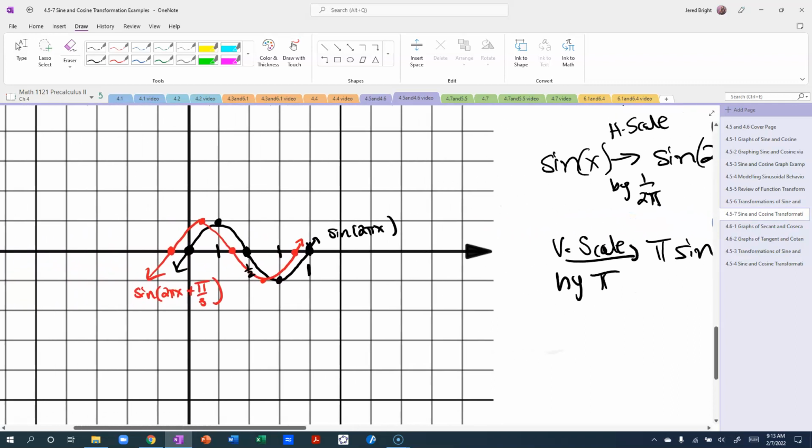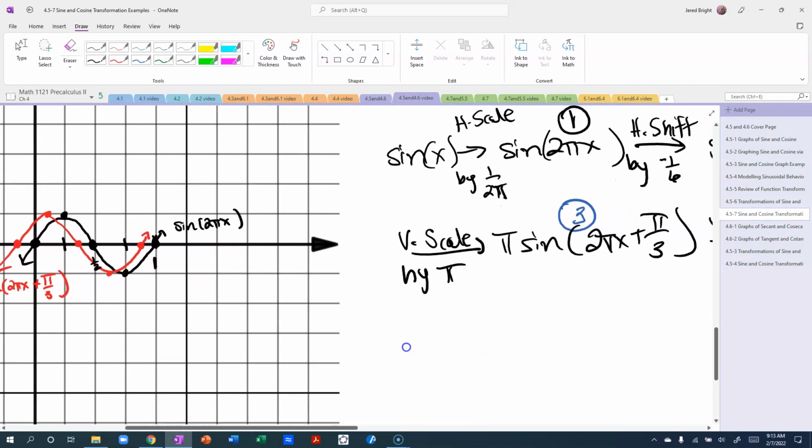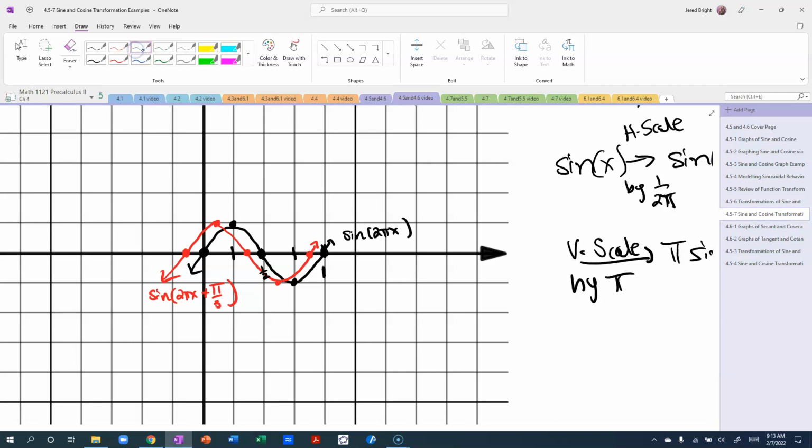Now I want to vertically scale by pi, and that is in blue. Verticals are easier by comparison. So maybe something about there. Zeros stay at 0. And then down here, maybe about there.